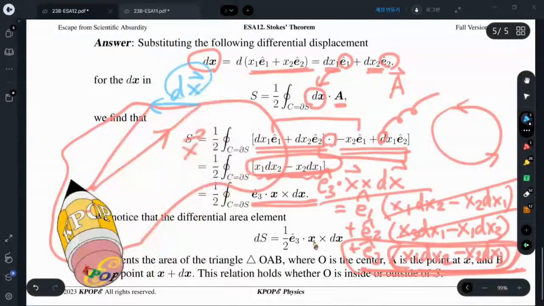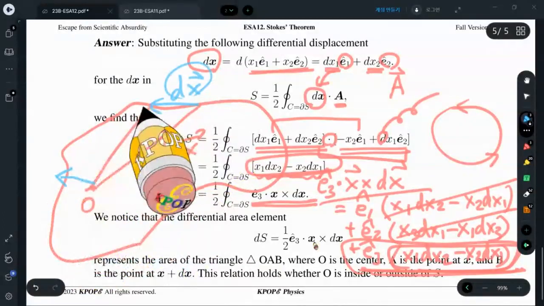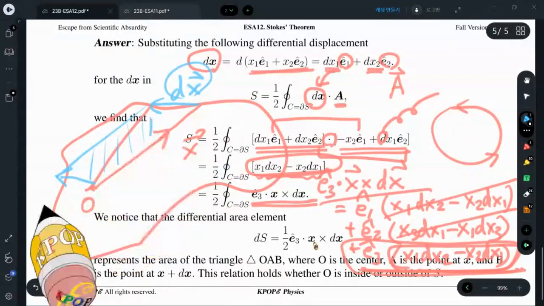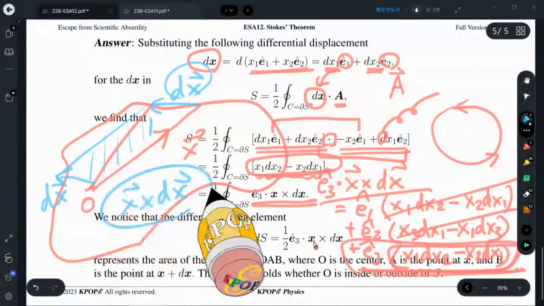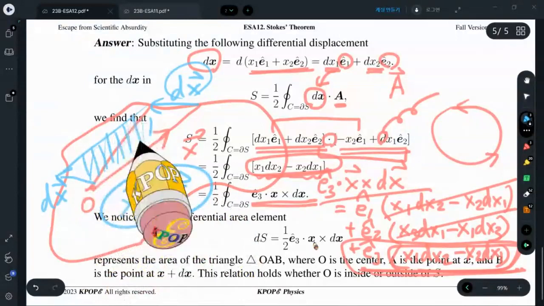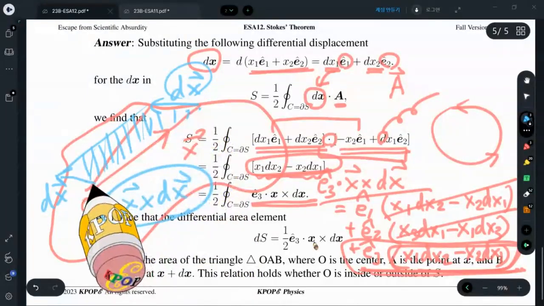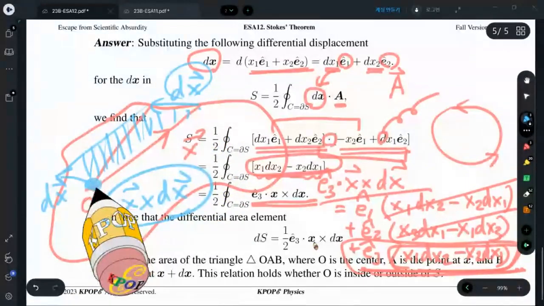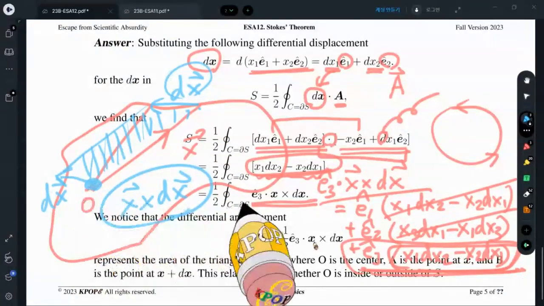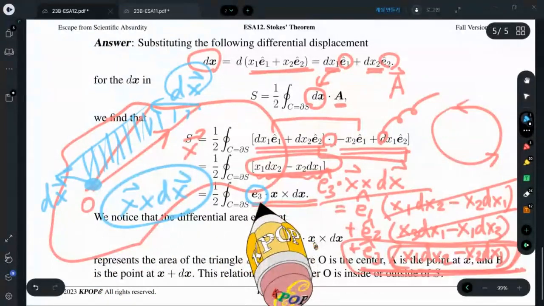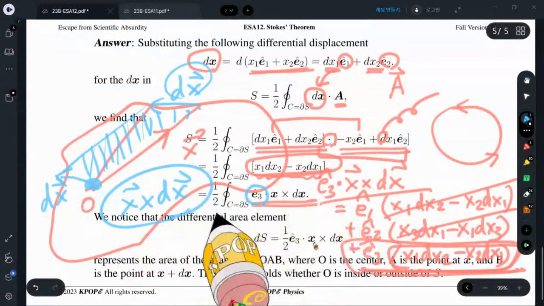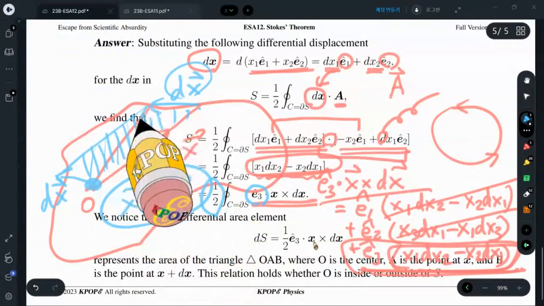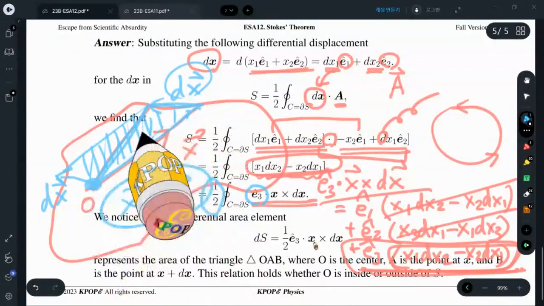So we can move this one in here. This is a parallelogram. x cross dx represents the area of this parallelogram, and the direction is normal to this plane, coming out of the surface. That's the reason why if I multiply e3 hat scalar product with this x cross dx and multiply by 1/2, it becomes this triangle.